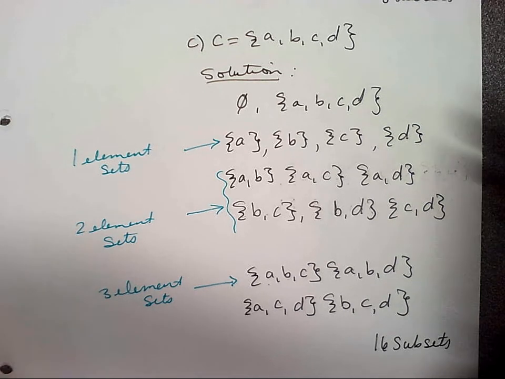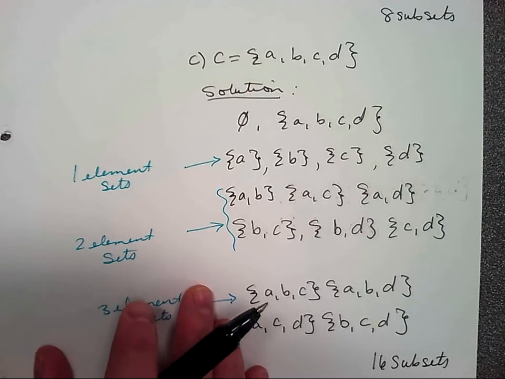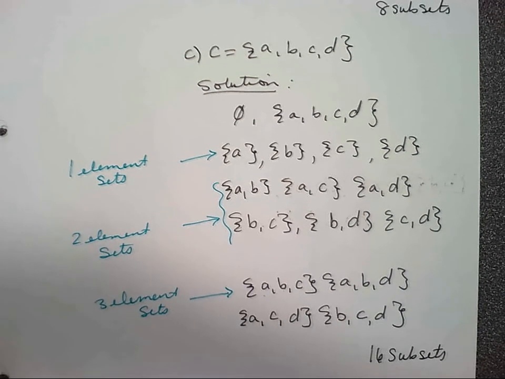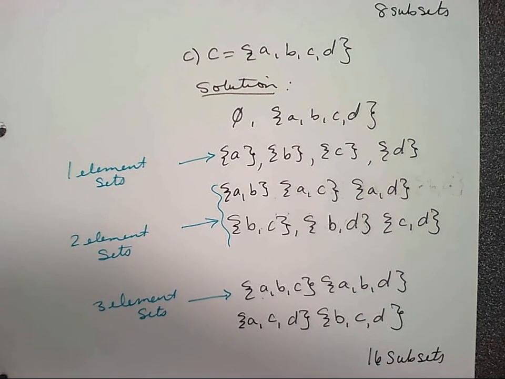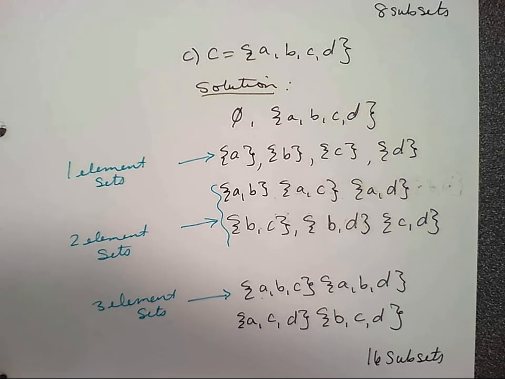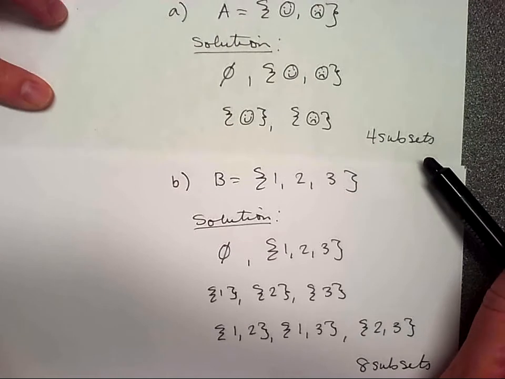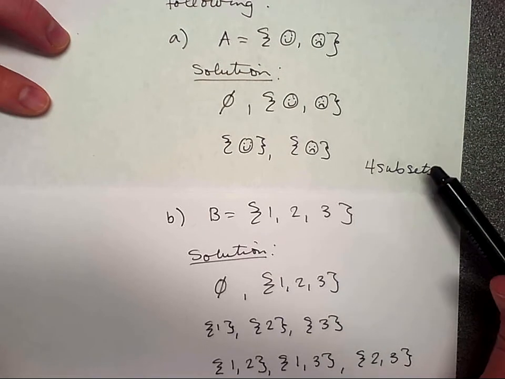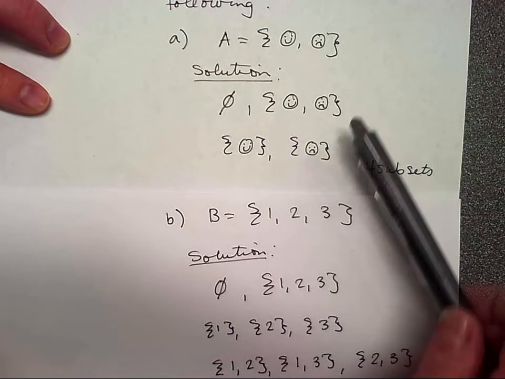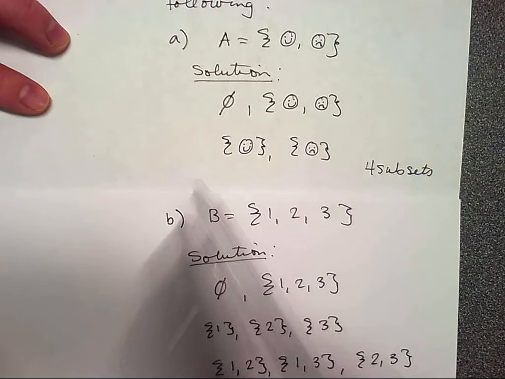Okay. So I'm multiplying it by 2 each time, right? So we got to come up with a formula. So 4 is 2 to the what power? To the second. How does that relate to my set?